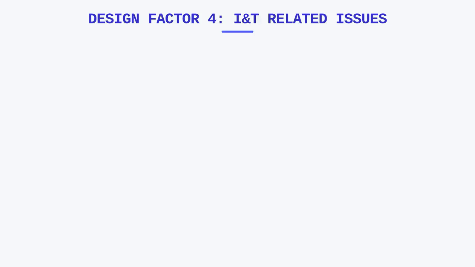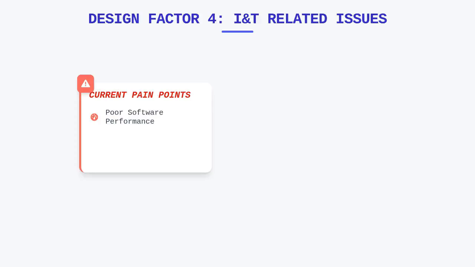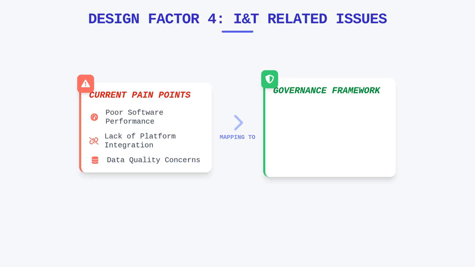The fourth design factor shifts our attention to IT-related issues. This is essentially a pragmatic look at the current pain points that the organization faces in its daily technology operations. When we map existing issues, such as poor software performance, lack of integration between platforms, or data quality concerns, directly to our governance framework, we can select the appropriate management objectives to address those specific shortcomings.